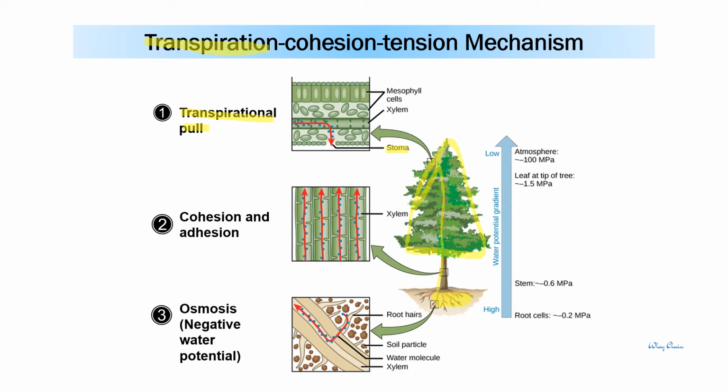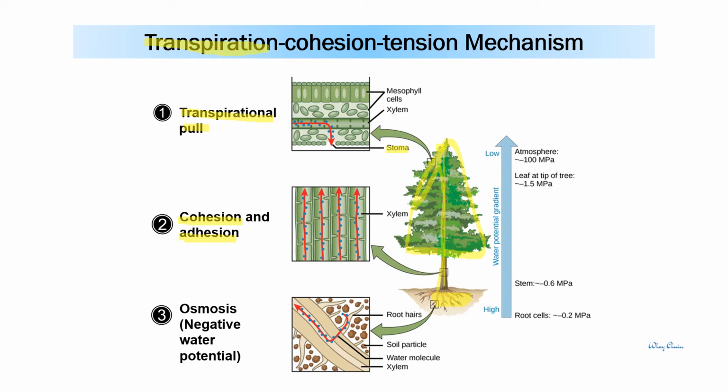Other than this, there are two other important forces, which are cohesion, the attraction force between the water molecules, and adhesion, the attraction force between the water molecules and the wall of xylem vessels, that play an important role in how they pull the water against gravity.